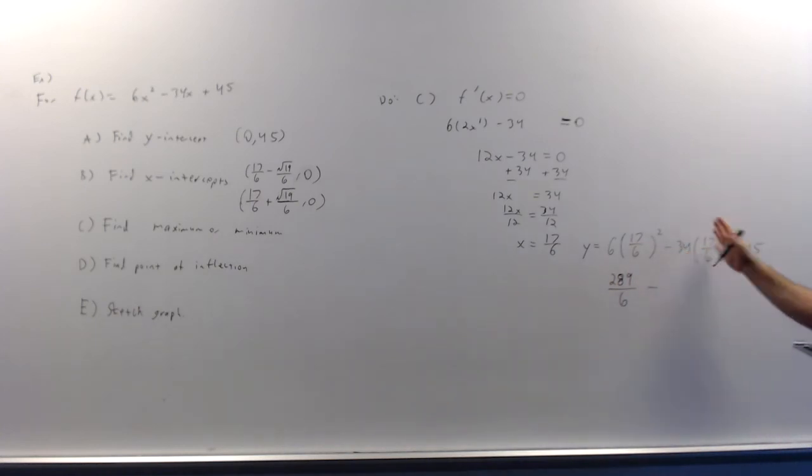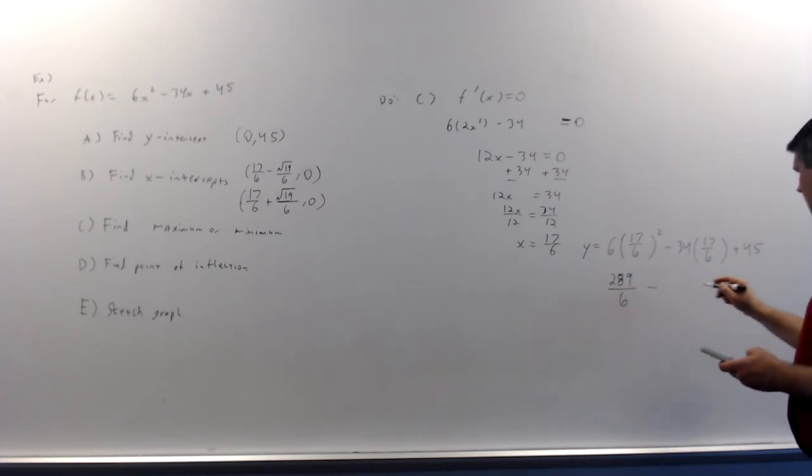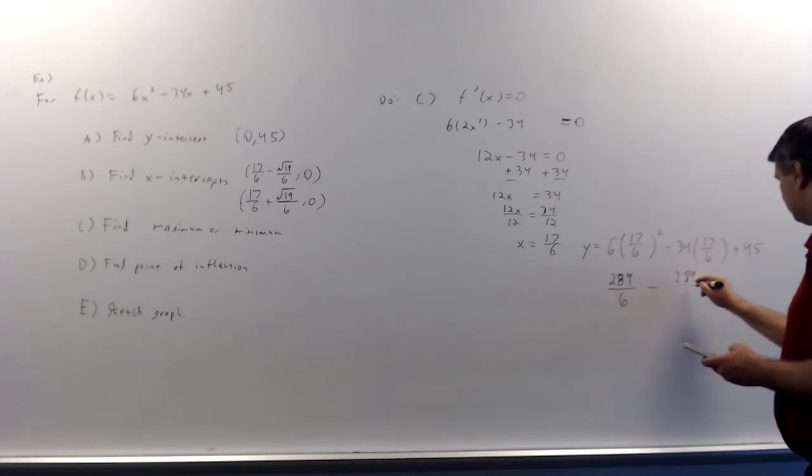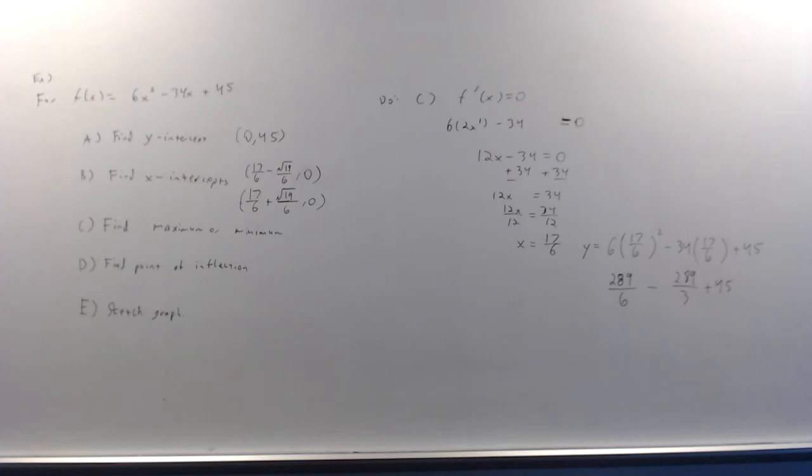There's only one minus in this, so I'm just going to go ahead and take the minus. 17/6 times 34 is 289/3. So 289/6 minus 289/3 plus 45 is negative 19/6. So the maximum or minimum is going to be 17/6, negative 19/6.